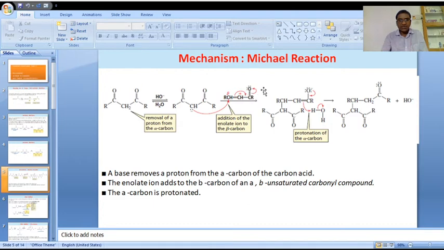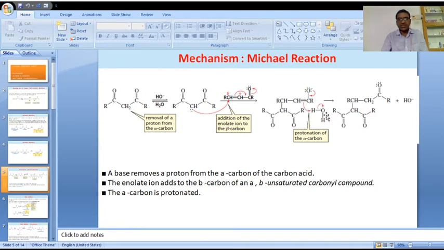Here also pi bond breakage takes place, and the oxygen gets a negative charge. Is it clear? This enolate ion intermediate again reacts with a water molecule in a protonation step.